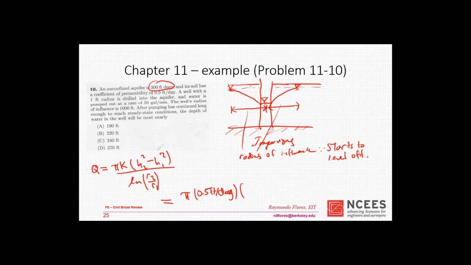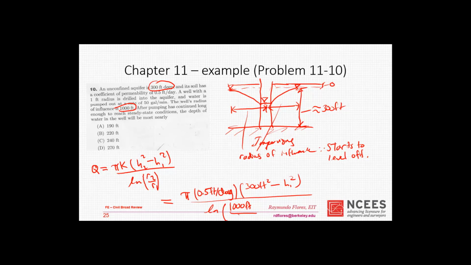Although it doesn't say it, we can assume that this is approximately 0, so this distance is approximately 300 feet. And then we don't know this one. And then divide that by ln of R2. Remember, R2 is whatever is going out there, so it's the radius of influence, 1,000 feet.